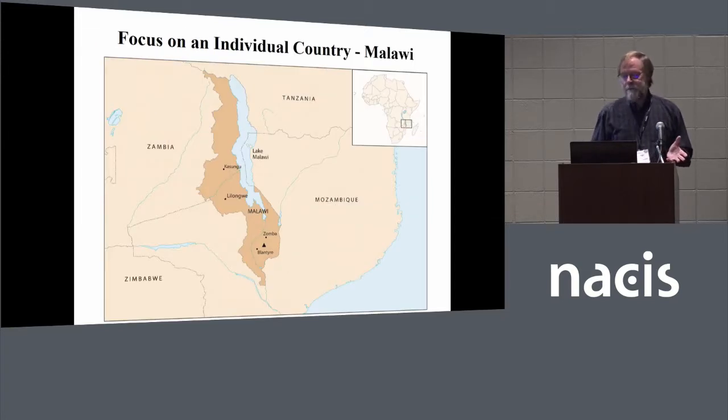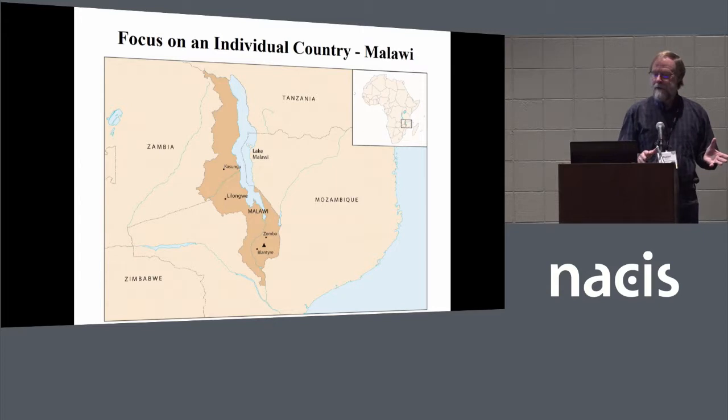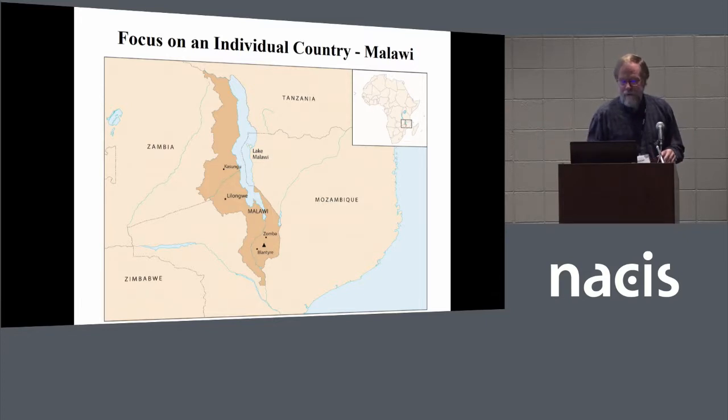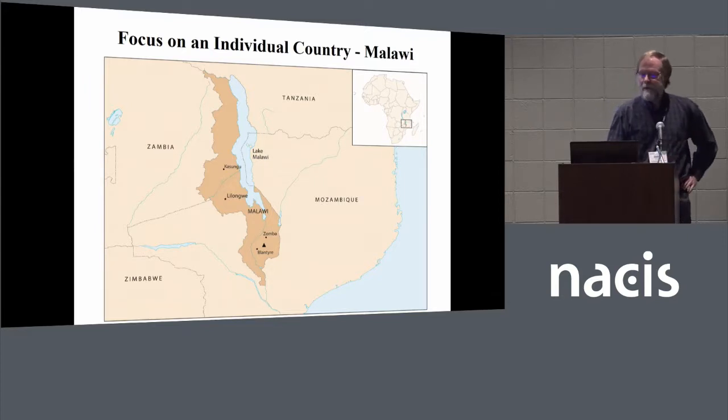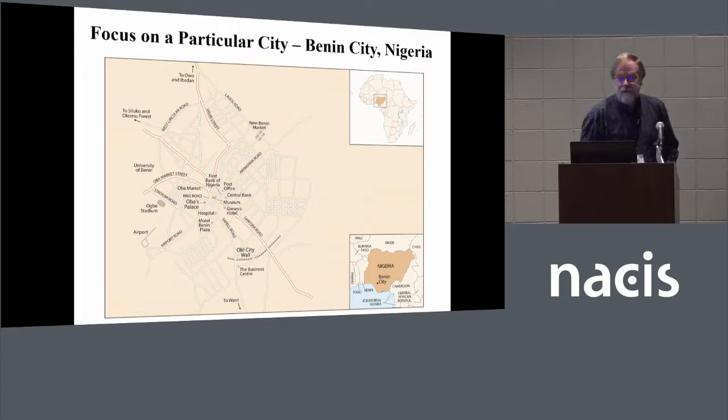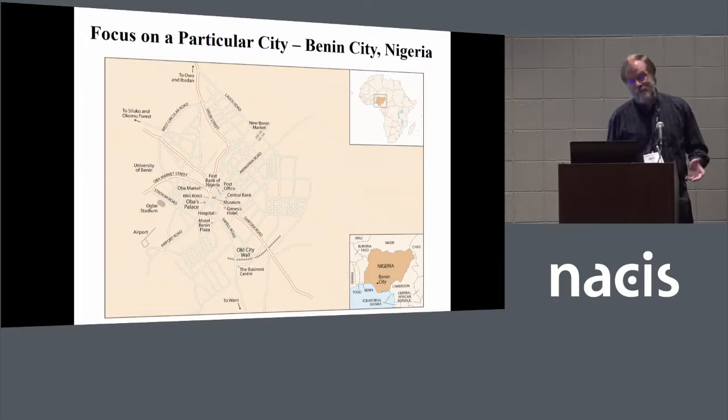And then there are particular focuses where a part of the exhibit deals with a country. Here I'm just showing people the country of Malawi, and you'll have some artifacts on display to instruct people with that. Or it might be from a particular city. This is focusing on Benin City in Nigeria and just identifying what's going on there.